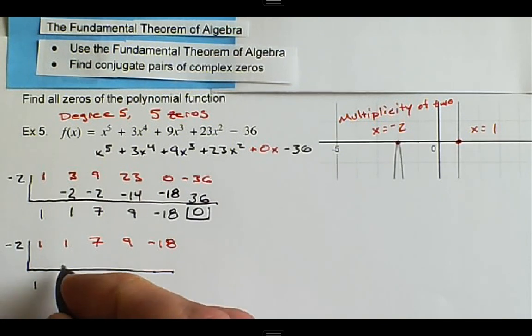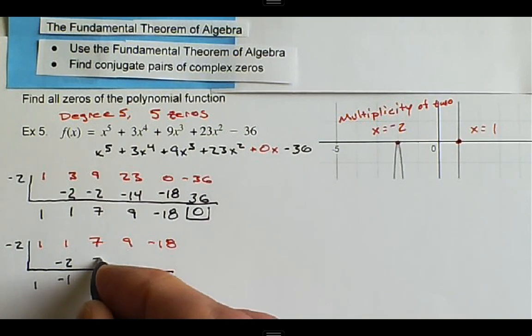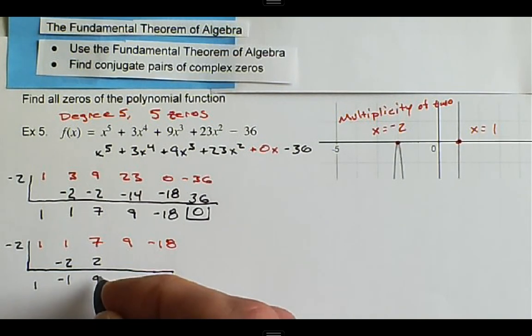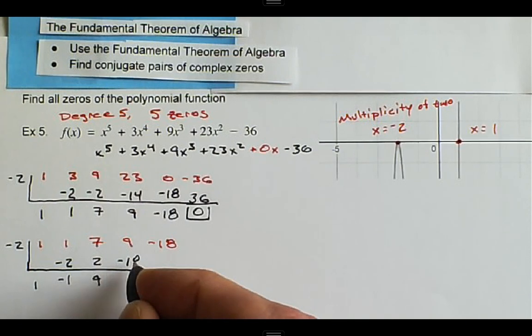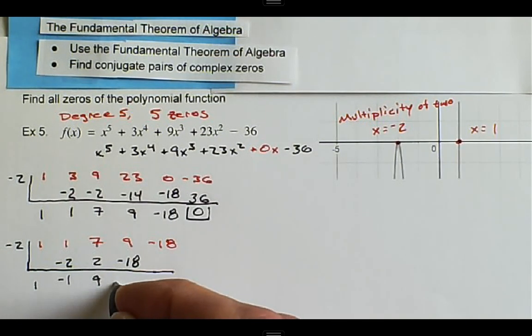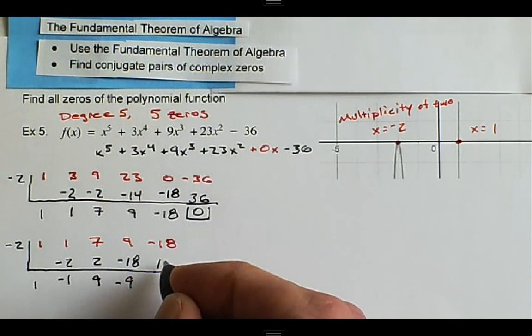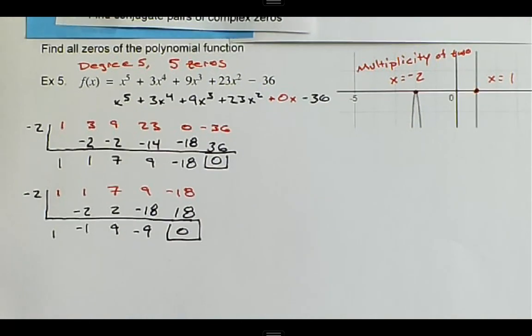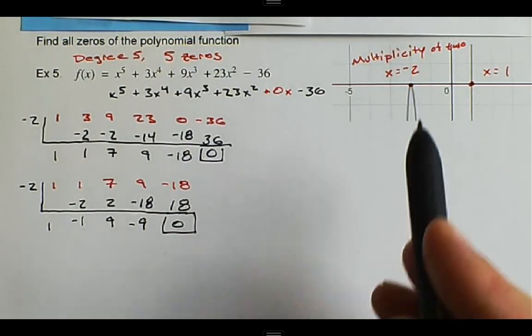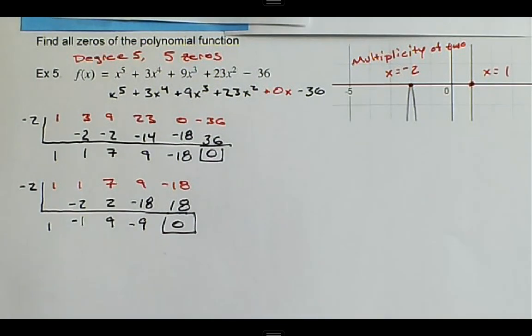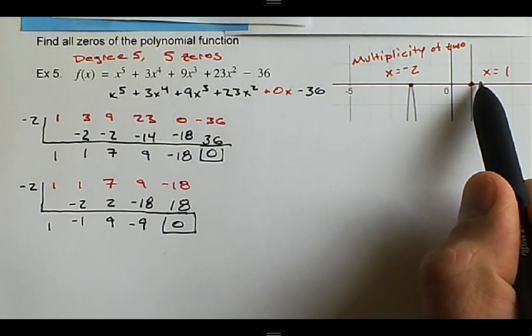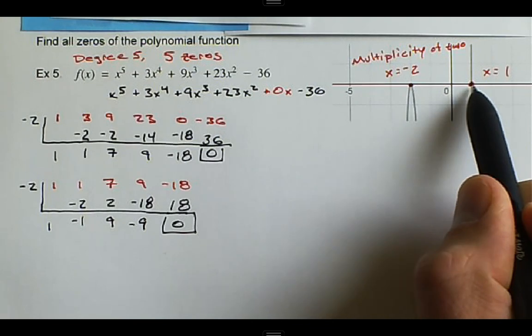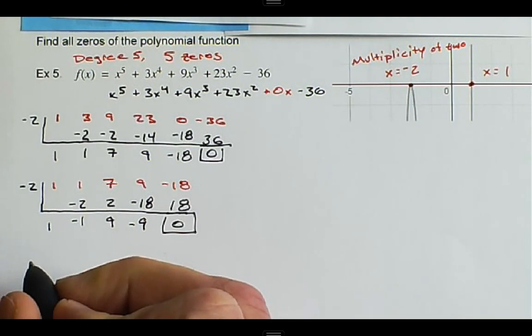So we get 1, -2, add down, we get -1, multiply in the diagonal, we get +2, add down, we get 9, multiply on the diagonal, we get -18, add down, we get -9, multiply on the diagonal, we get +18, and add down, and we get a remainder of 0. And then we know one more of our real solutions. X is equal to 1 is a real zero for this polynomial.